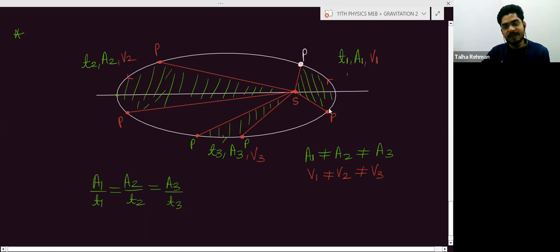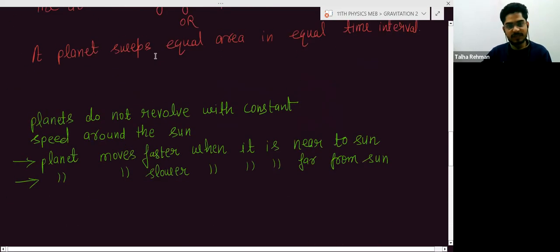That is why the speed of a planet is different when it is moving in the elliptical path. When the planet is near to the sun, it will have more velocity or speed. When the planet is far from the sun, it will have less velocity or less speed. First note down this, then we will discuss.